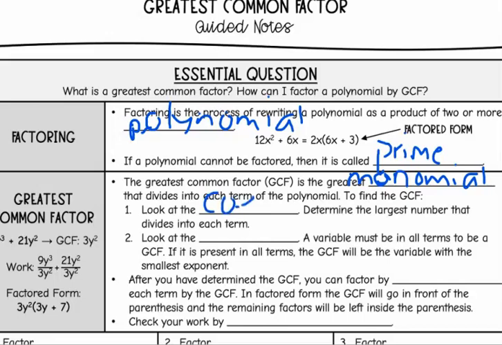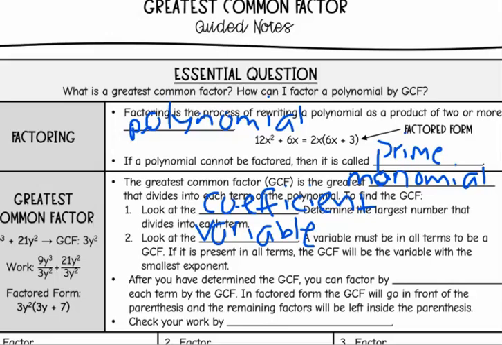And we've been doing this. And then number two, you look at the letters, the variables. Once you see the variables, it must be the same letter, right? You're going to choose the one with the smallest exponent.